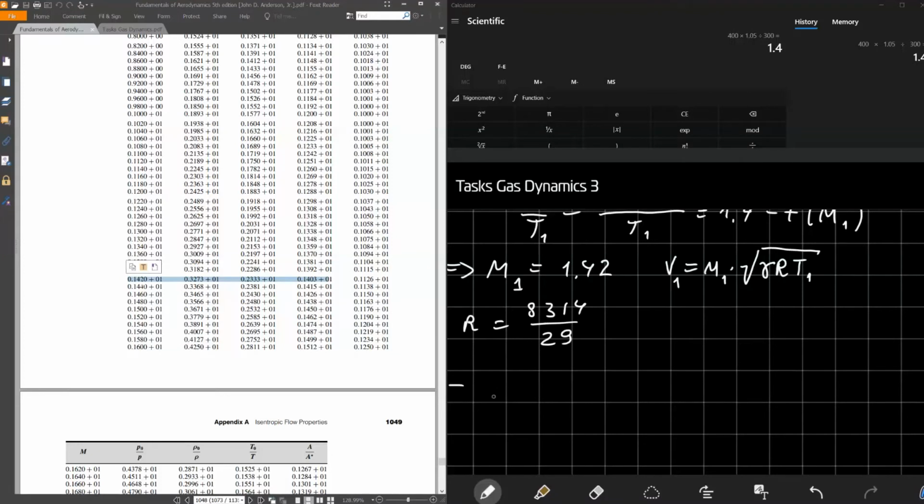Say my pressure at point 1 is 1 atm and the Mach number of the flow is 2, and the flow is decelerating in, for example, an isentropic diffuser until Mach number 0.5. I would like to know the pressure at this point.